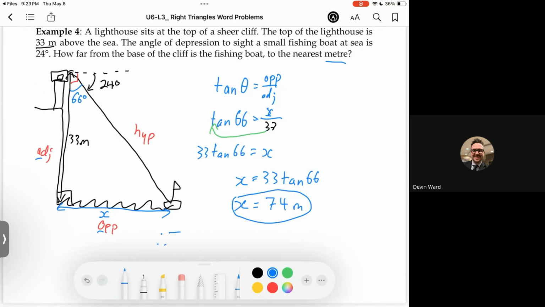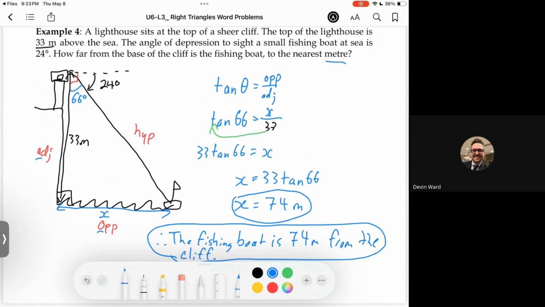Therefore, the fishing boat is 74 meters from the cliff. So it should be good not to smash into the cliff.